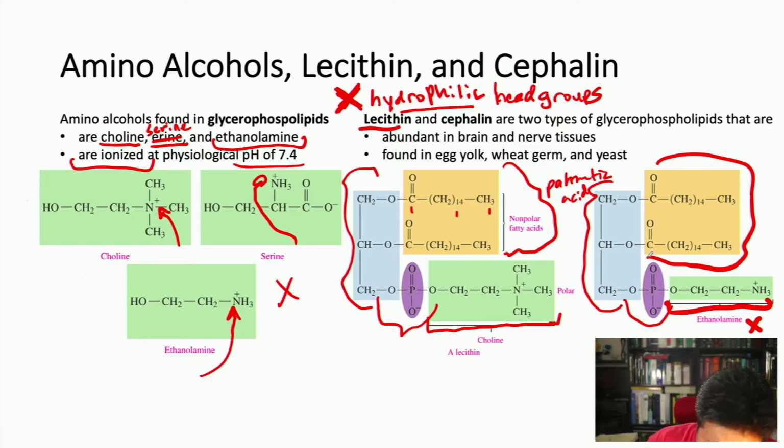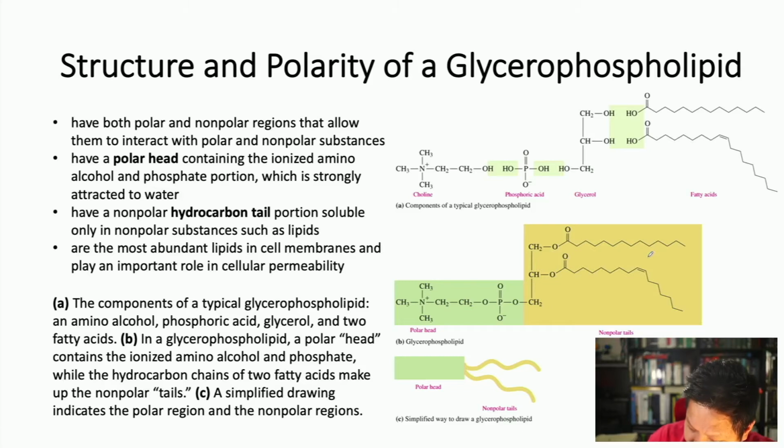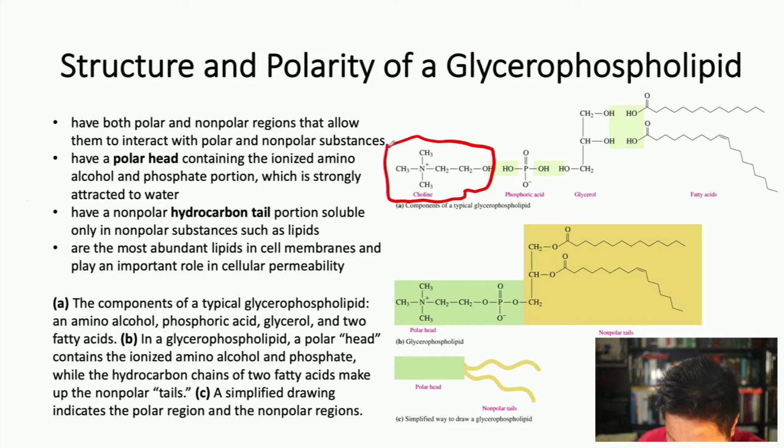So let's take a closer look at the structure of glycerol phospholipids, right? Remember that glycerol phospholipids always have a polar head group. So in that case, it's a choline. So that's lecithin.